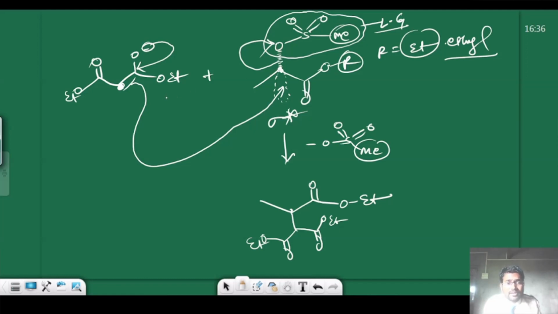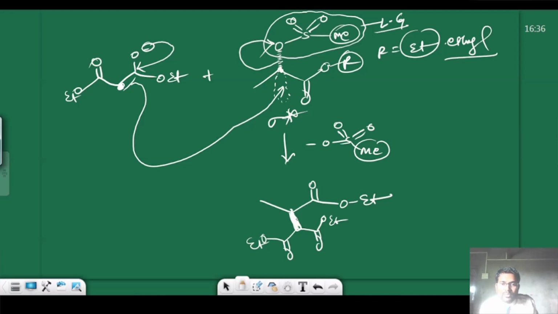It has been attacked on this particular carbon from the opposite stereochemistry of this particular group, so it has been attacked from the opposite side of this leaving group. So this becomes wedge, as it attacks from the front side.